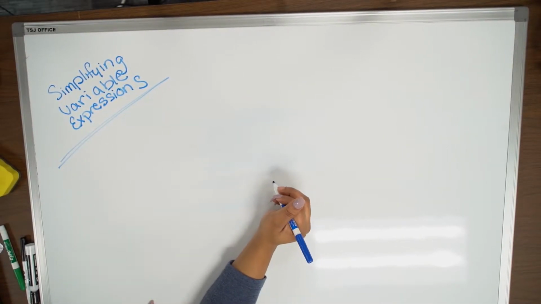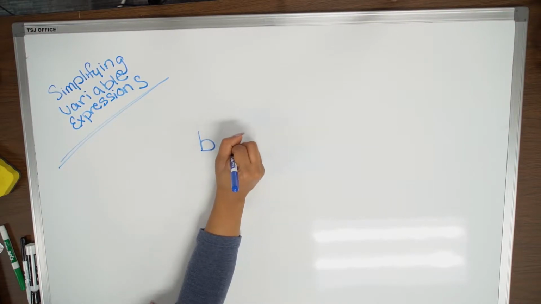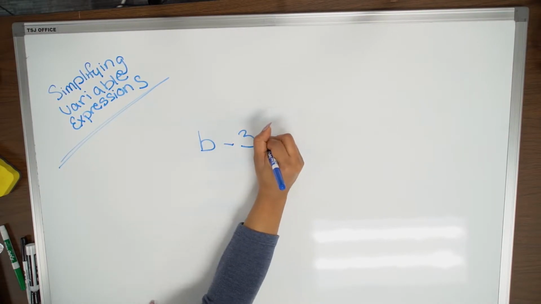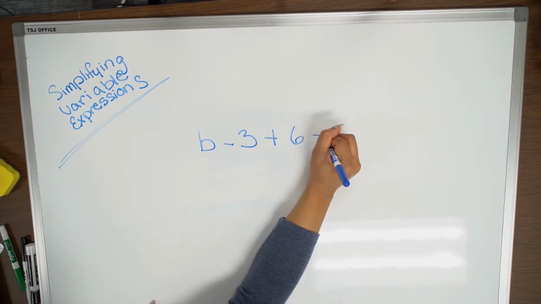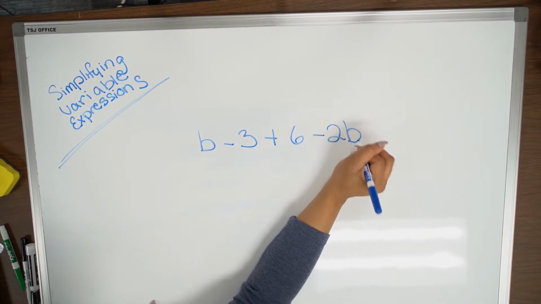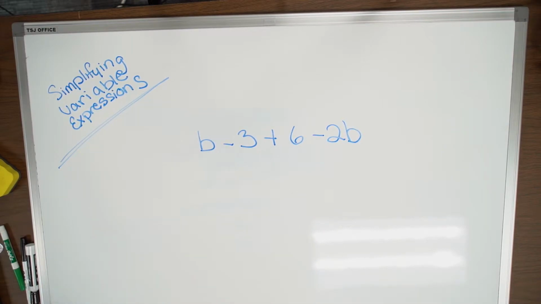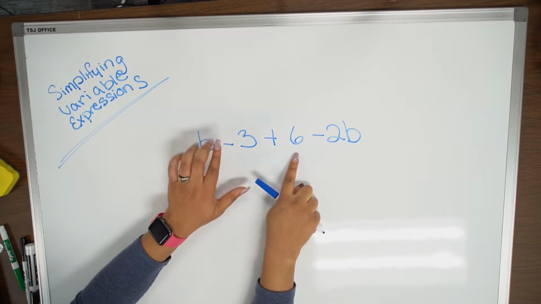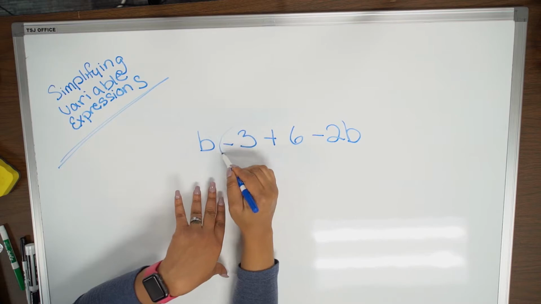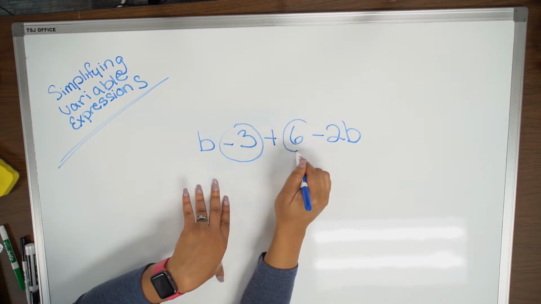Let's do b minus 3 plus 6 minus 2b. Okay, so let's combine the like items. So we're going to start with the numbers. So we have negative 3 plus positive 6.